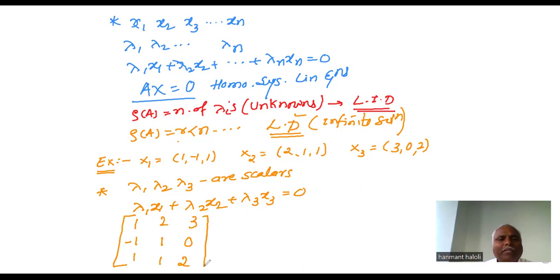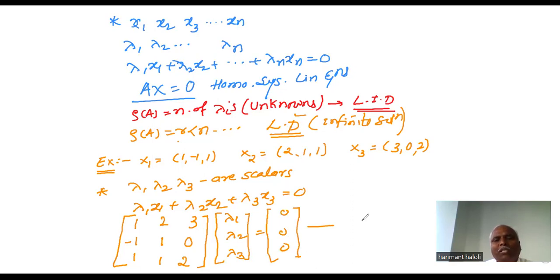These are three vectors, and we have three unknowns, lambda 1, lambda 2, lambda 3, equal to 0, 0, 0. This is a homogeneous system of linear equations.